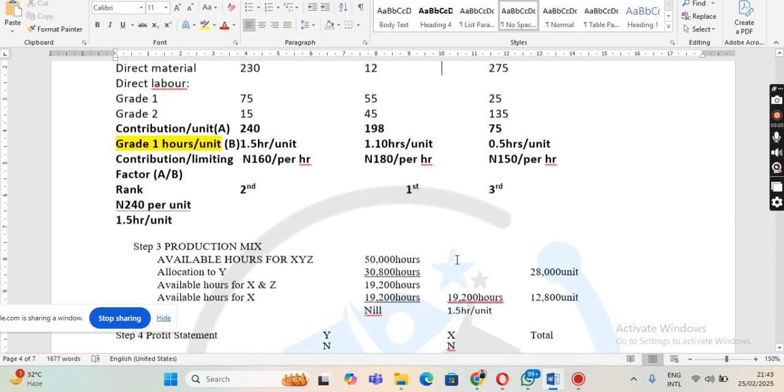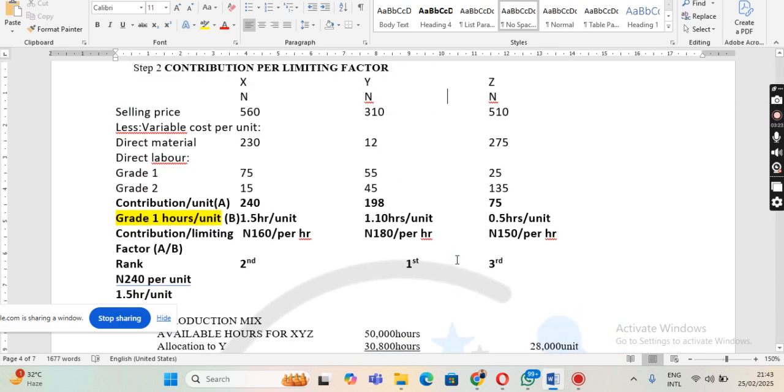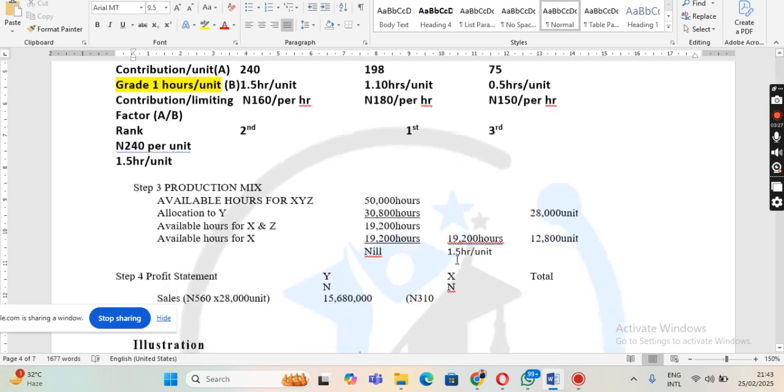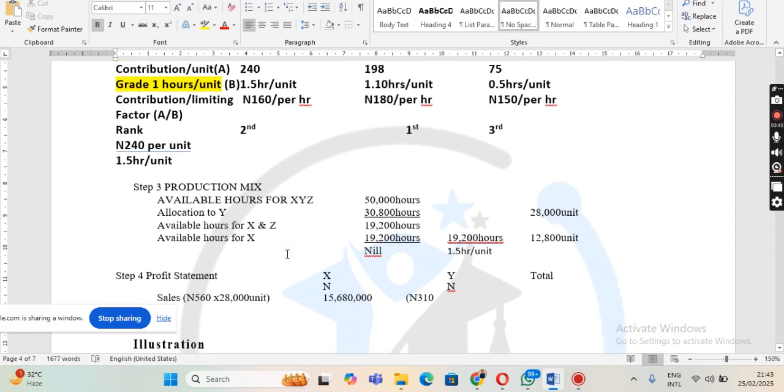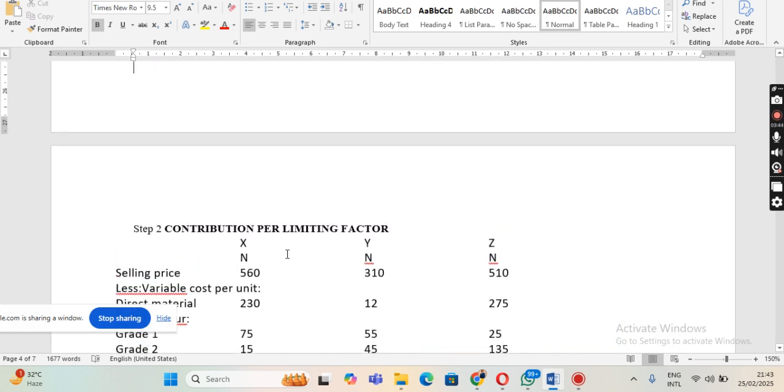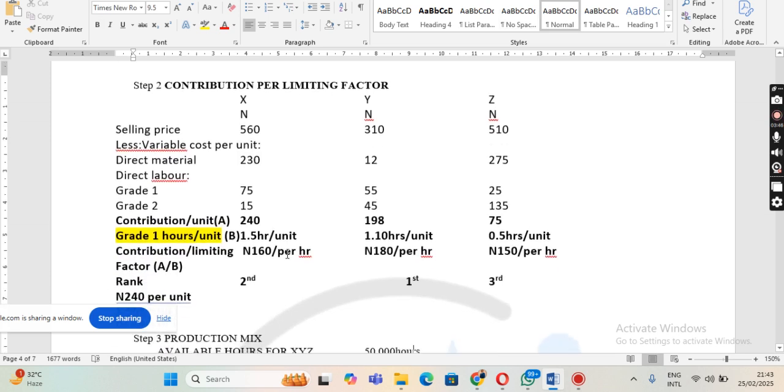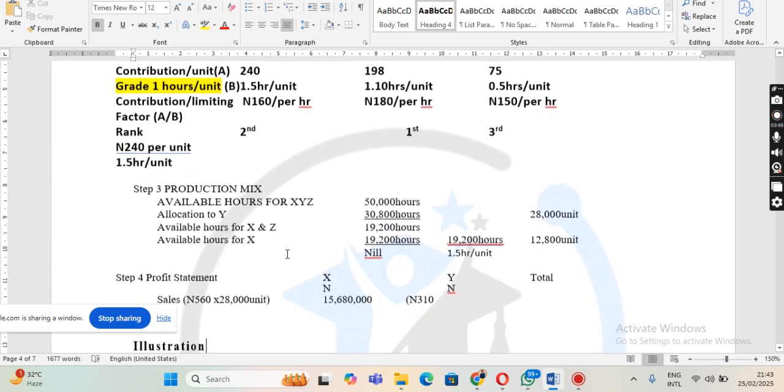So what is the selling price for Y? Let's start from X and arrange it. We know it is X and Y. X is 560, then Y is 310.